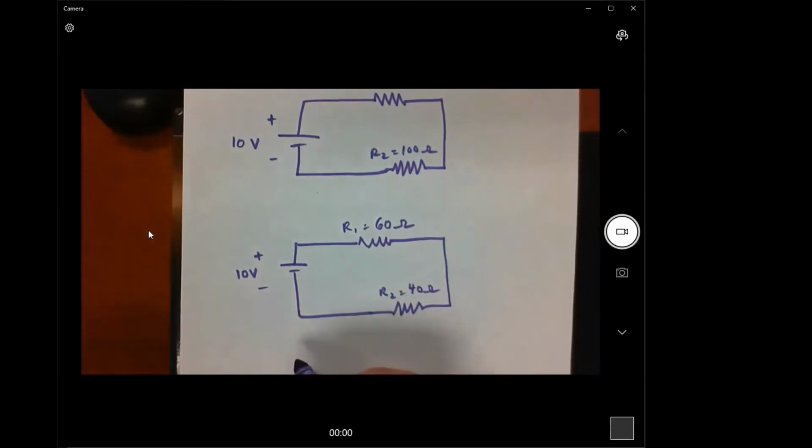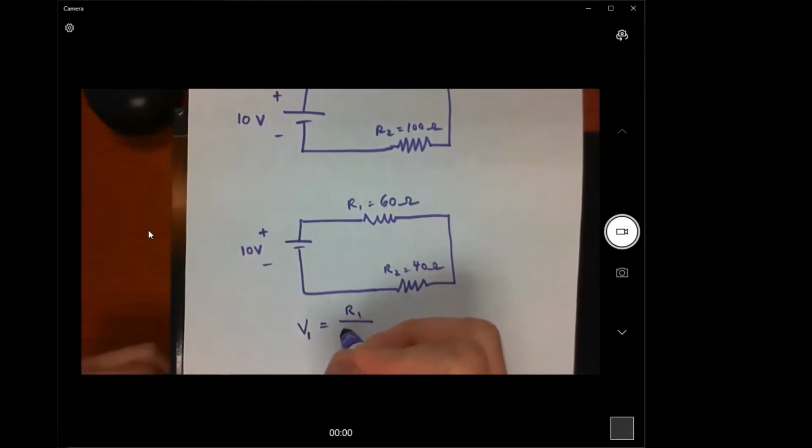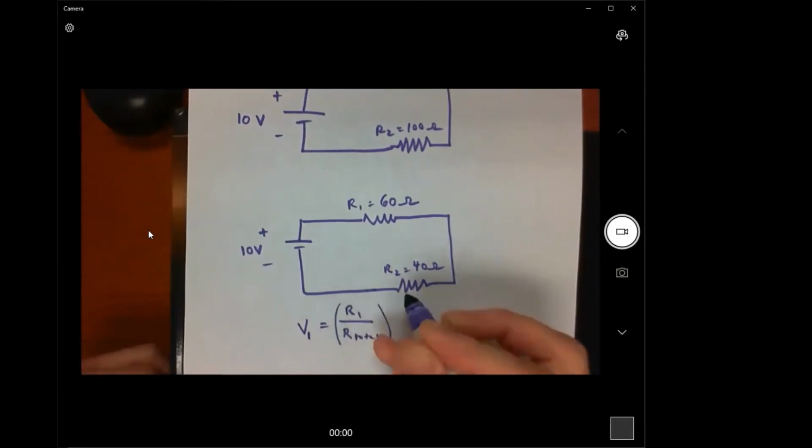You don't have to know this because this class is not yet about electrical circuits. But the voltage drop across resistor 1 is equal to the ratio of R1 divided by R total, that ratio times V total.